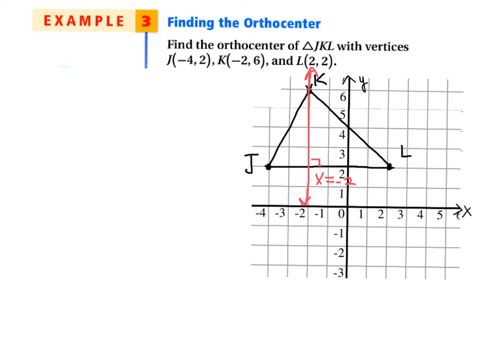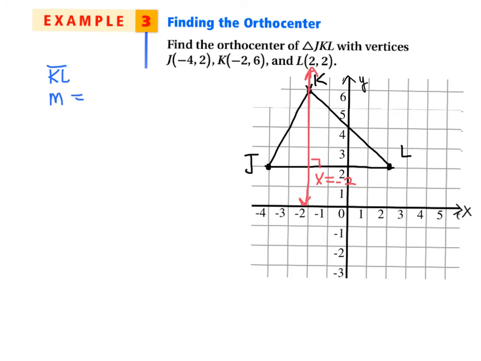Now let's go to another side. Let's construct J to KL. So what do I need to do? Well, the first thing you have to do is find the slope of KL. Why is that? Because you need to find a perpendicular line to that.